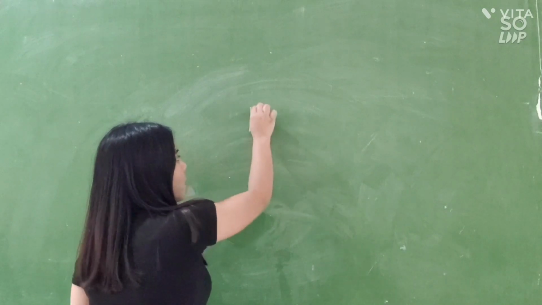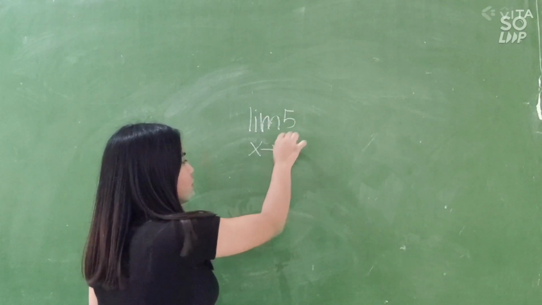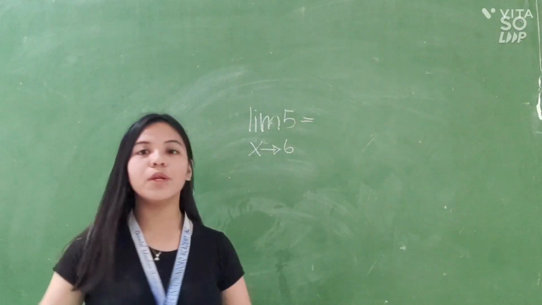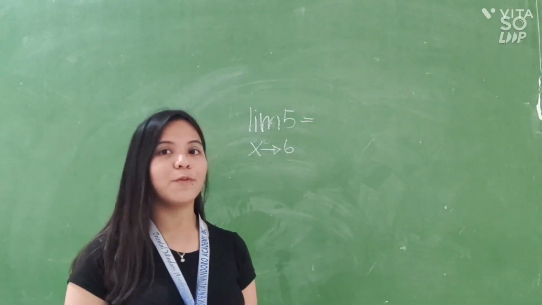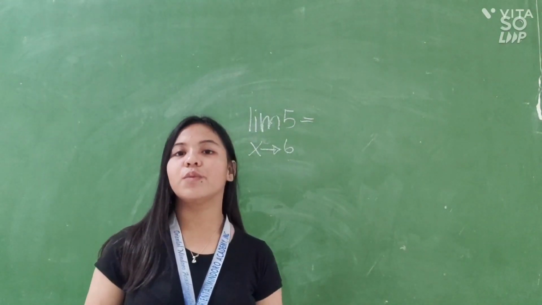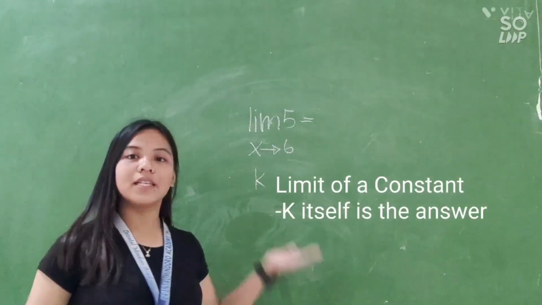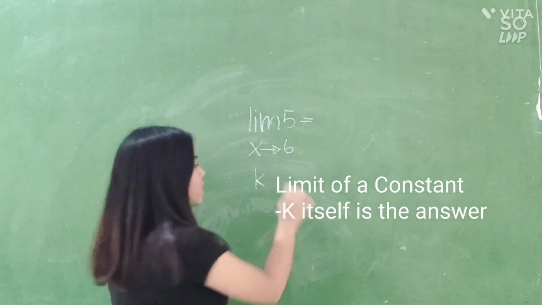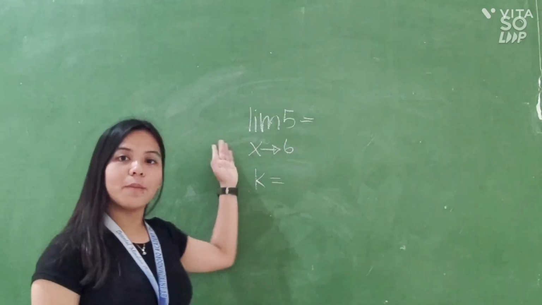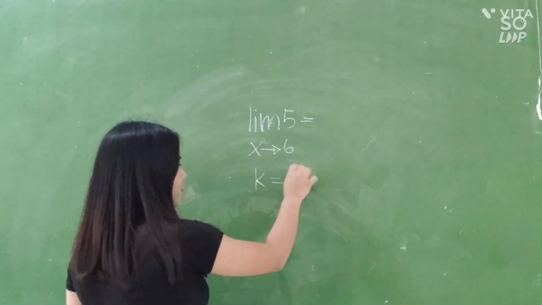The first problem is, what is the limit of 5 if x is approaching 6? What will be our limit if we use the limit of a constant? The limit of a constant means the k is the answer itself. In this problem, 5 is our k.